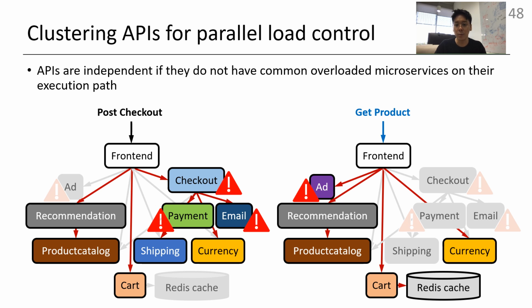Although APIs share many common microservices on their execution path, we identify APIs as interdependent only when those common services are in bottleneck conditions. Like in this example, post-checkout and GET product are currently independent of each other since they do not share any overloaded services. They will be clustered together if services like recommendation, product catalog, and cart are overloaded.